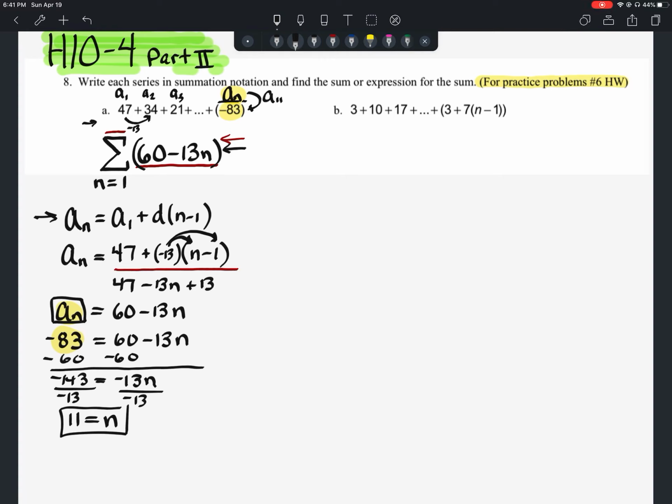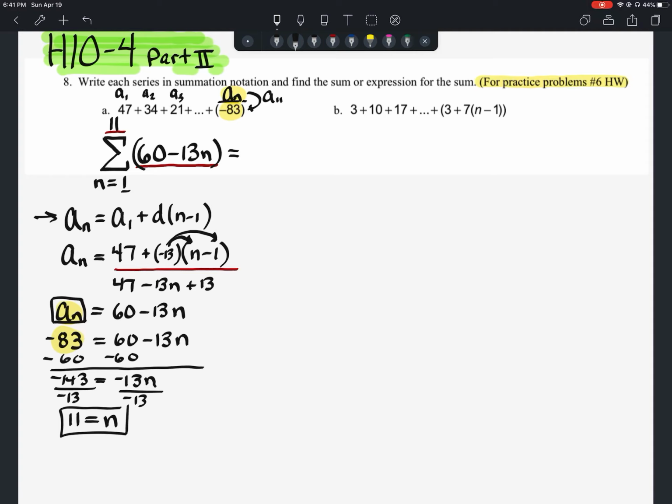So we're finding here, let me get rid of all this stuff that's kind of in the way, the sum from the first term all the way to the 11th term. That's what those numbers mean in the front, remember. The first term to the 11th term of this expression. So now that we have it written here in our summation notation, we can figure out what the sum is going to be.